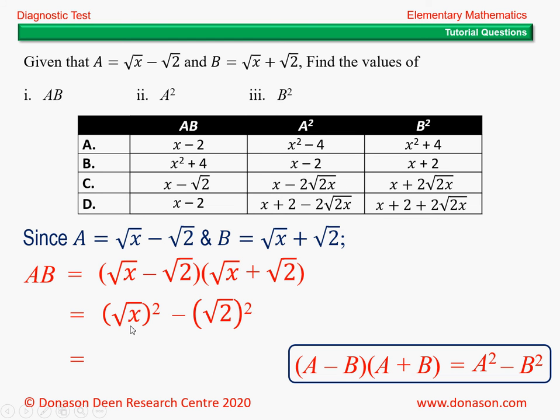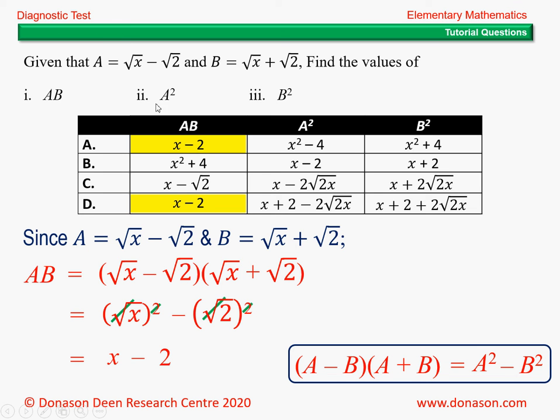The square and the square root signs cancel at the next step, so that's simply x minus, and in the second bracket also we have a square root sign and a square sign, and we cancel them as well, which gives us 2. So x minus 2 should be the answer for a times b.